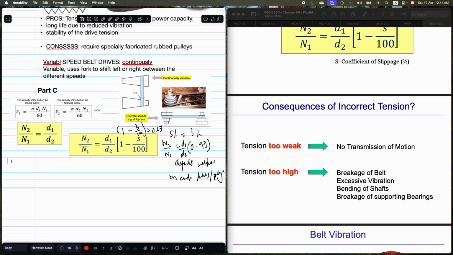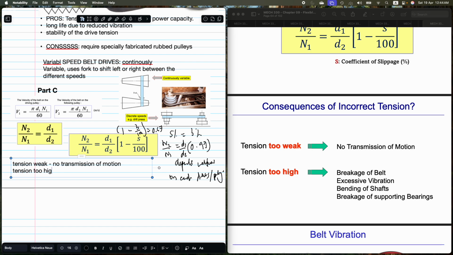If tension is too weak, we get no transmission of motion.